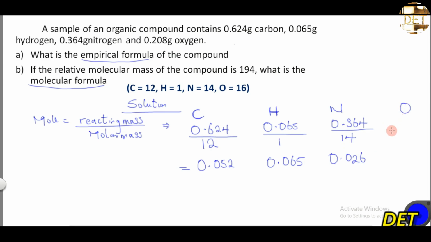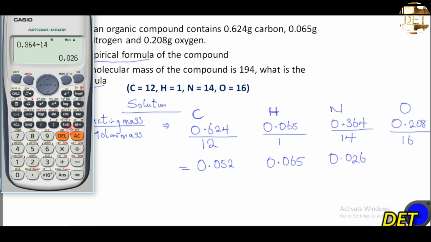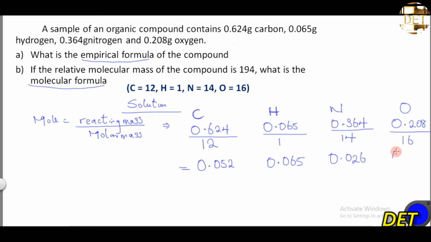Then the last element that I have there is oxygen, right? We are given that the reacting mass of oxygen is 0.208 grams. So 0.208 grams of oxygen divided by the molar mass of oxygen, which is 16, is equal to 0.013 mole.